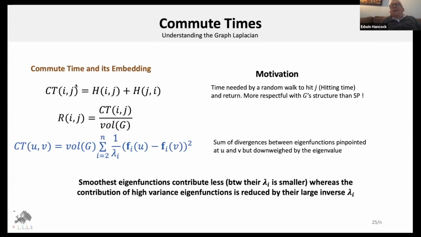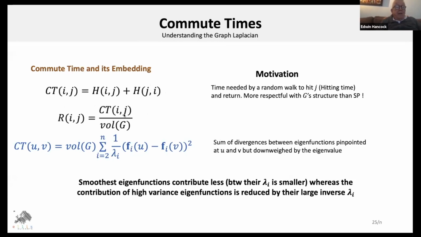And so if a particular link is missing or deleted for some reason, the commute time is only marginally affected by that. And so basically commute time measures the distance between a pair of nodes in the graph in a manner which can be robust to deletion of individual edges.